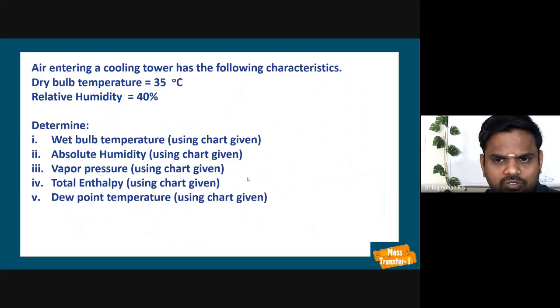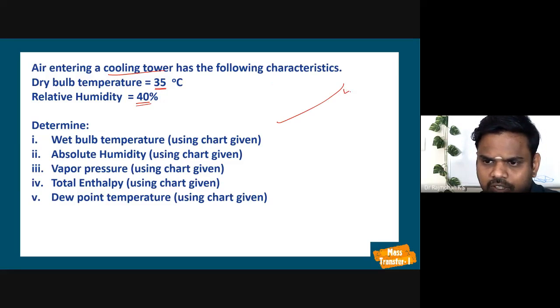Okay, so for example, a cooling tower numerical: air is entering a cooling tower with the following characteristics. It has a dry bulb temperature of 35 degrees centigrade and a relative humidity of 40%. So what you have to do is draw a line along this 35 degrees and 40%.